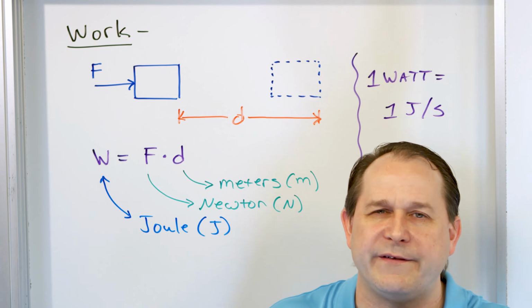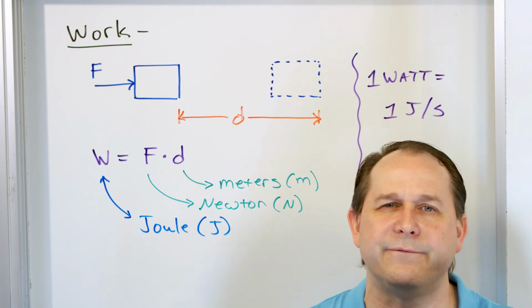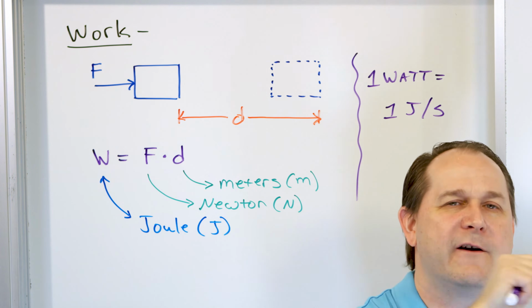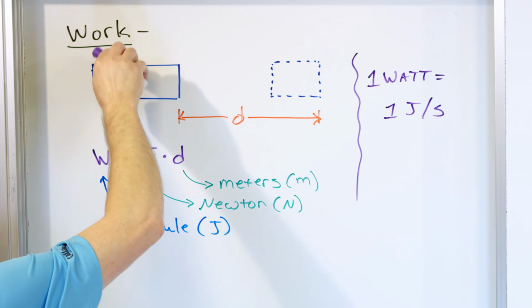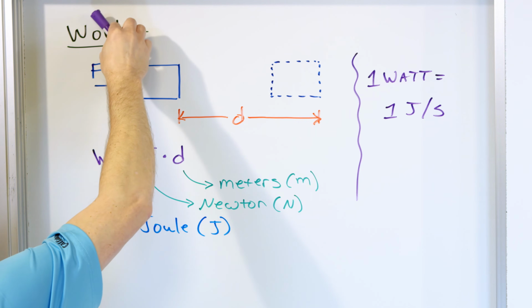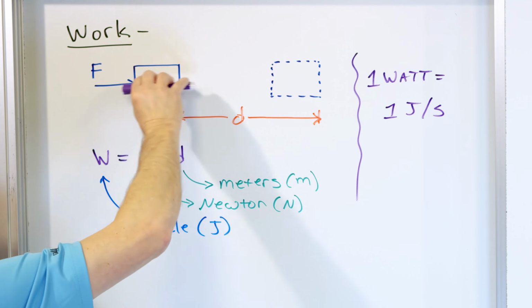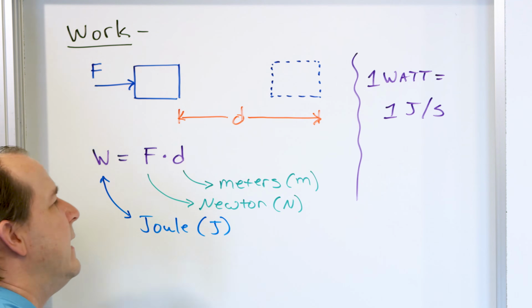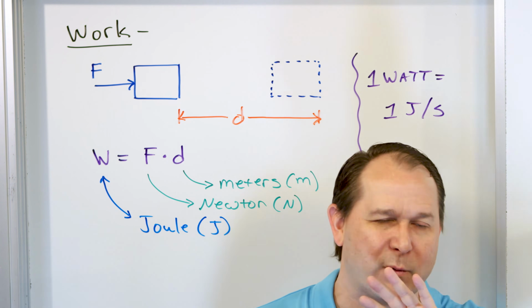The only force that really contributes to the work is the amount of force acting in the direction of motion. So you need some way to figure out how much of that force is acting in the direction the box is moving, and the dot product from math, or from physics, is what handles that.